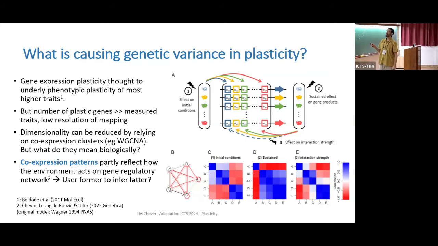Or it could have a sustained effect: the environment is just pulling a particular gene product to higher frequency in the cell, and this will have a cascading effect on all these other genes. Or it could have an effect on interaction strength. Basically, it hits one of the elements in the matrix. You can think of this as the environment changing the methylation close to a particular gene, so it's not regulated in the same way by others.